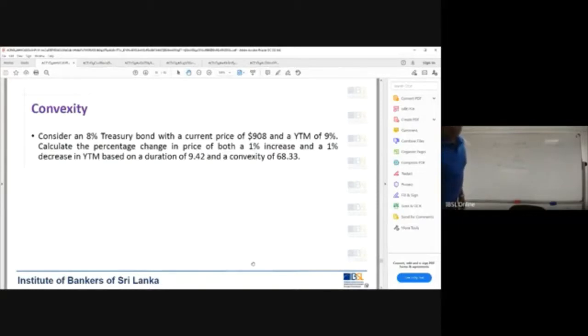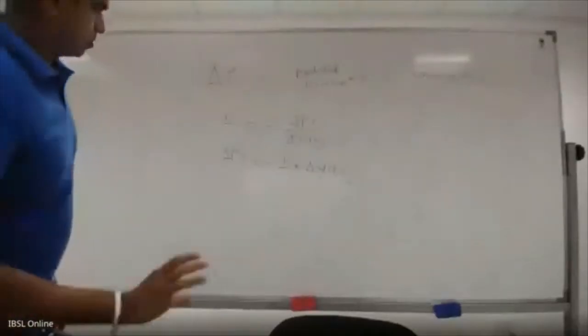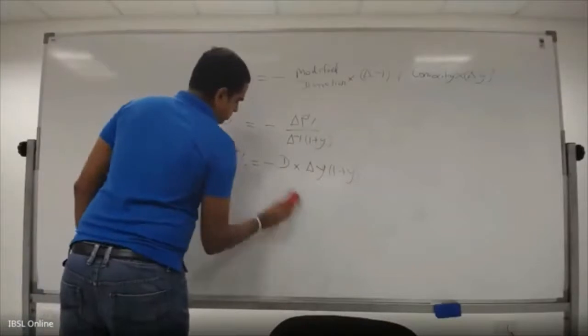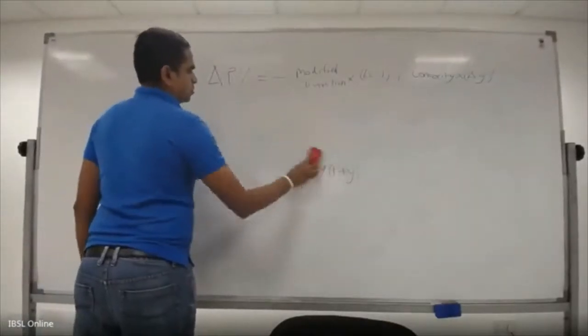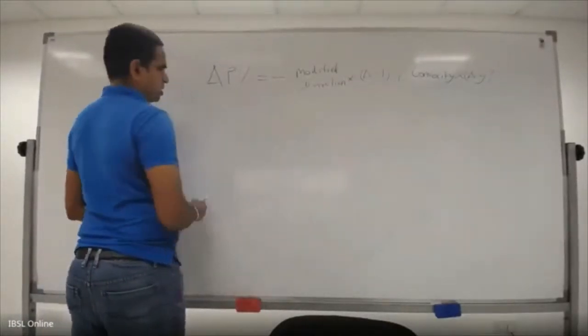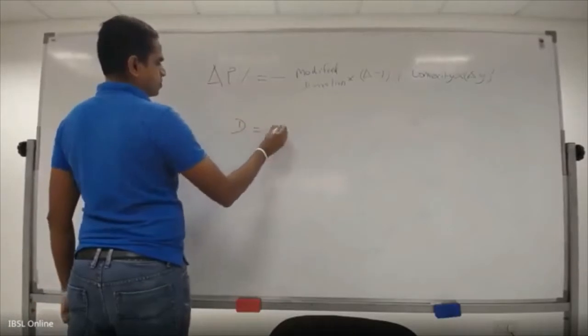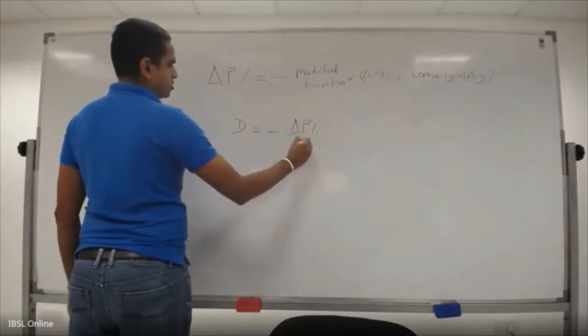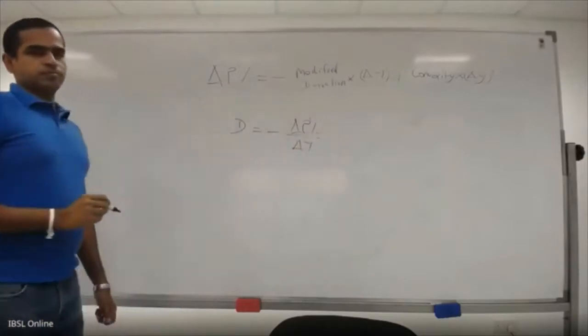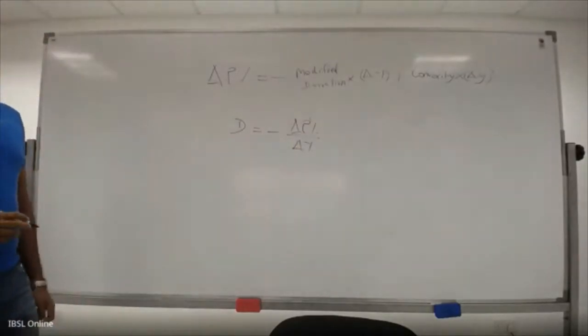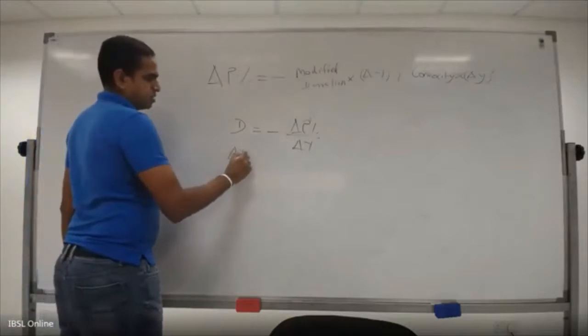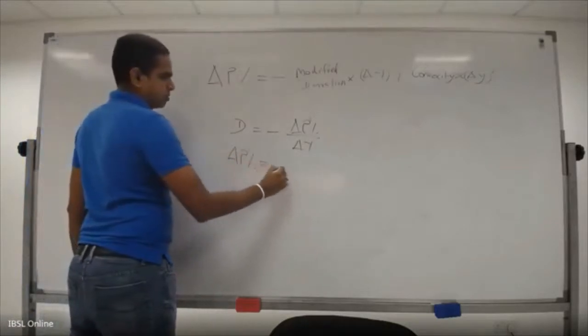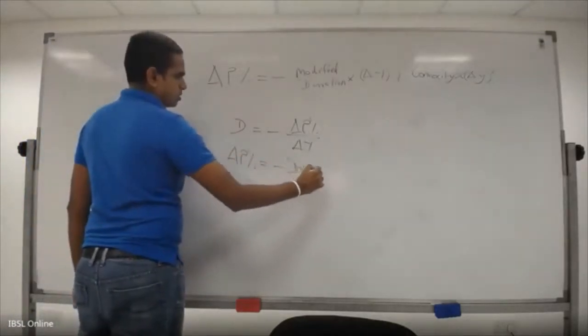At your level, you don't have to do the complicated calculation. You can just say duration is minus percentage change in price divided by the change in yield. So the percentage change in price is equal to minus duration into the change in yield.